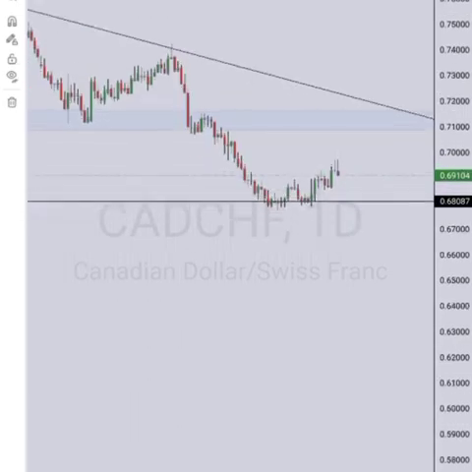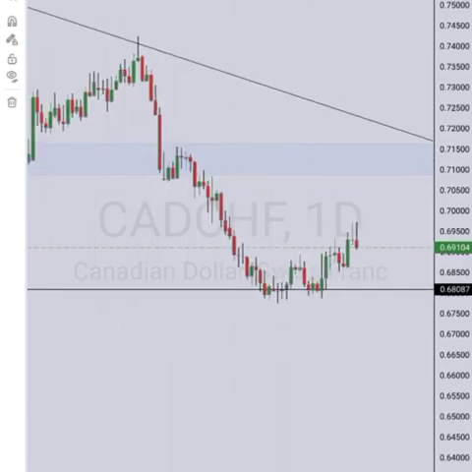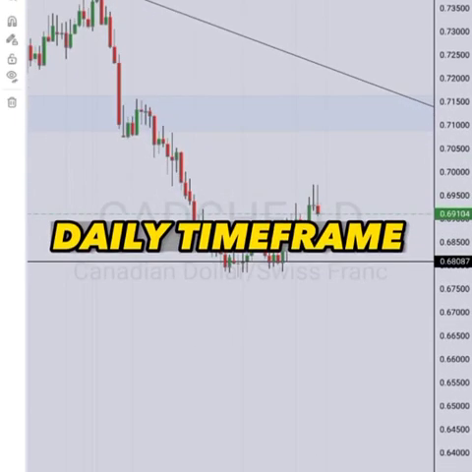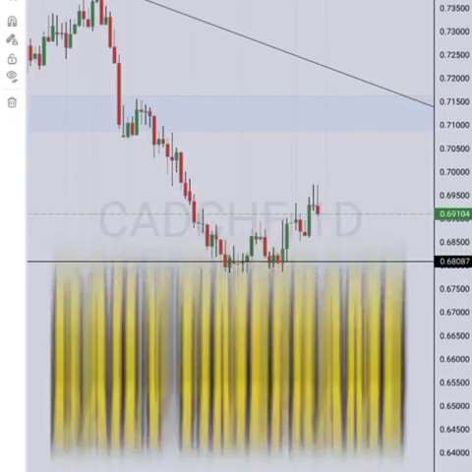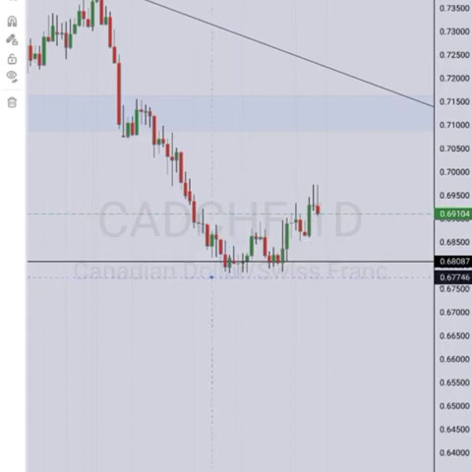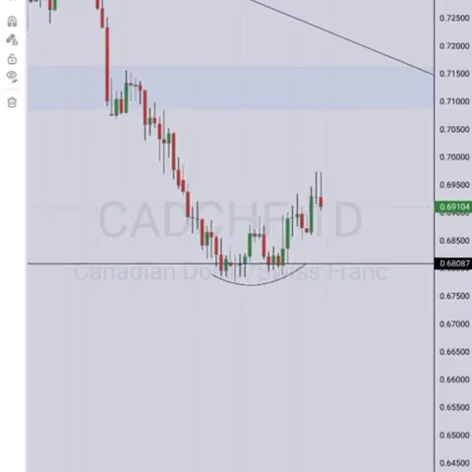We'll go down to our daily time frame here. So on our daily time frame, you can see the market create this bottom here. So that's the double bottom being created here, and then after this double bottom, we broke this neckline right here. The market came back to test on it.